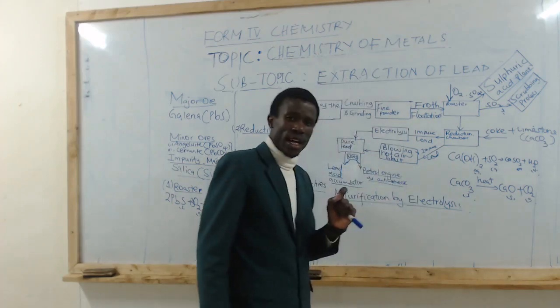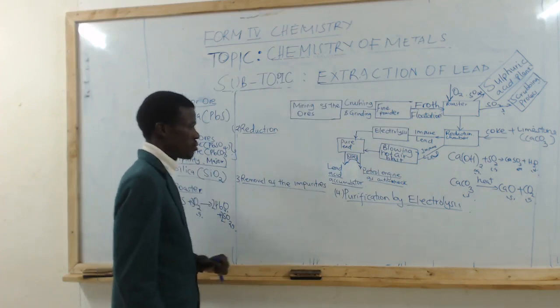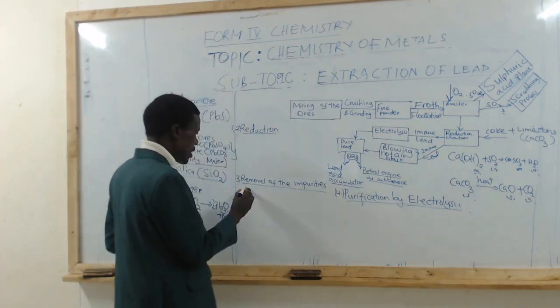Now calcium oxide is reacted with a major impurity, silica, to form calcium silicate.